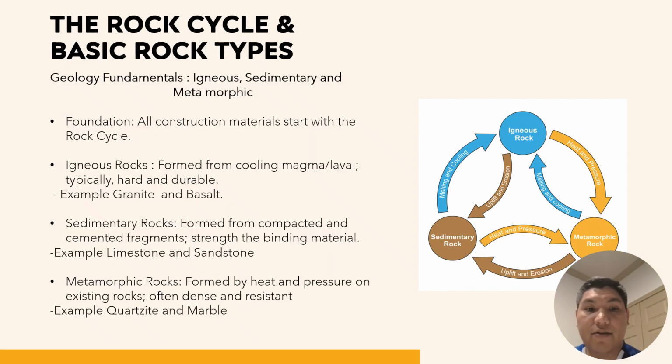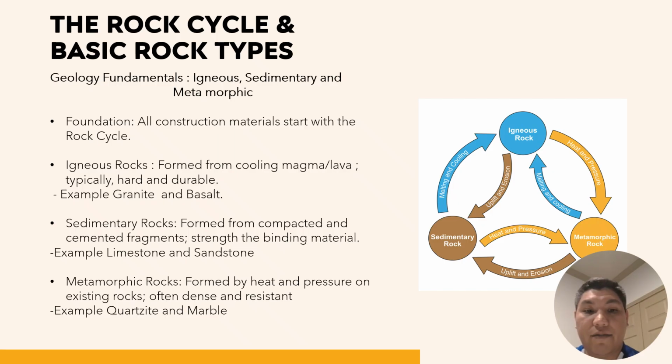For the rock cycle, basically the rock types, the geological fundamentals: igneous, sedimentary, and metamorphic. The foundation: all construction materials start with the rock cycle. Igneous rocks form from cooling magma or lava, typically hard and durable, for example granite and basalt.